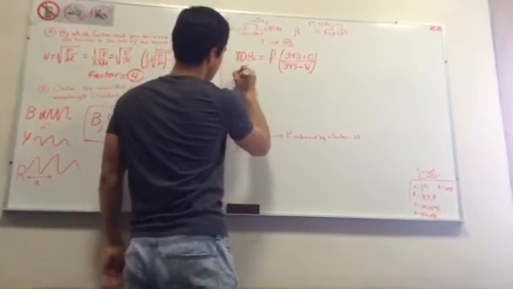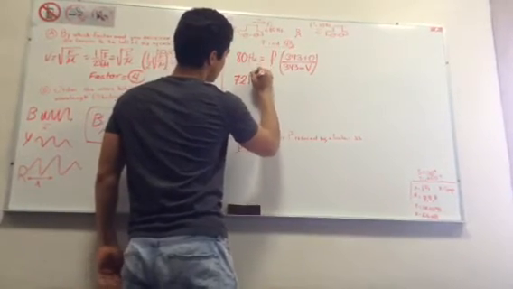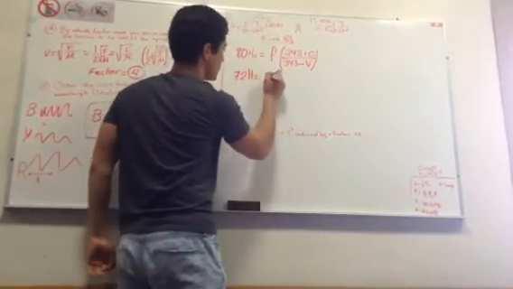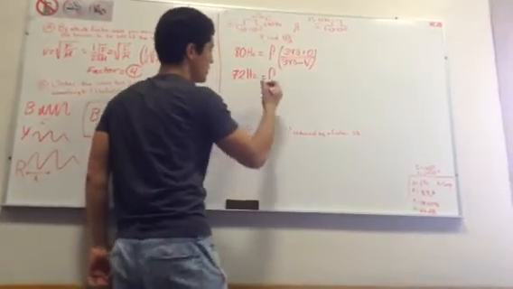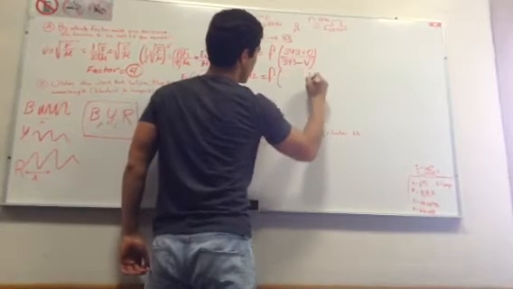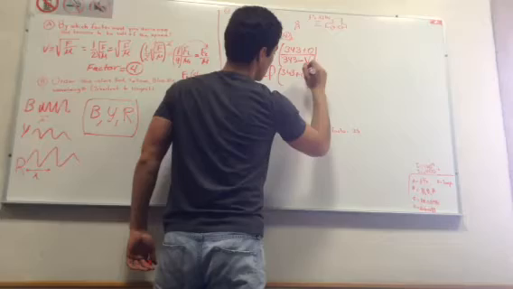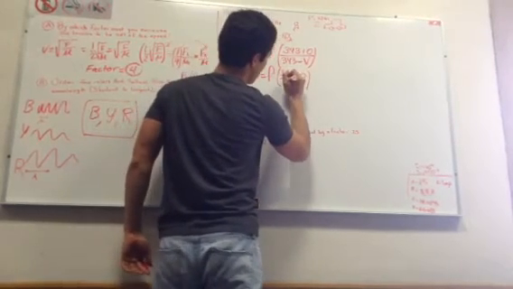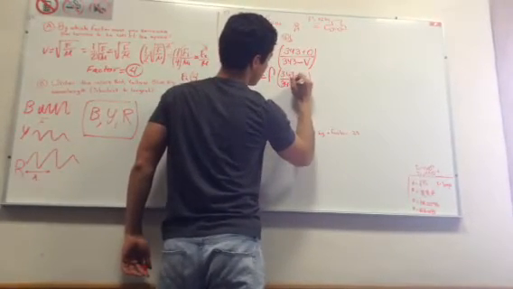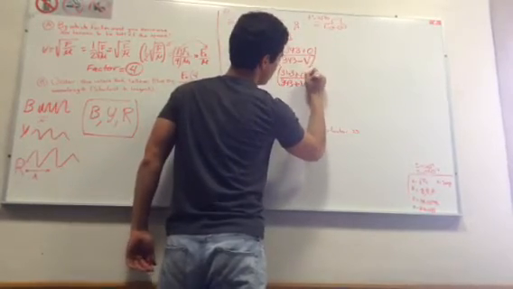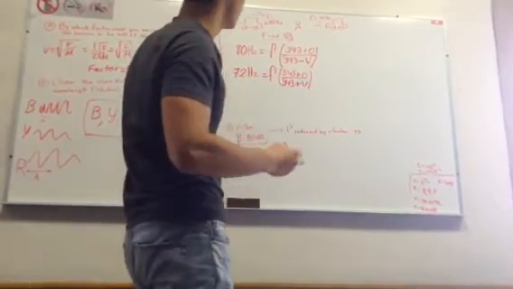Then, at the time it passes us, we have the next formula. The 72 Hertz is equal to the frequency times 343 plus 0 over 343, the speed of sound, plus the velocity of the car.